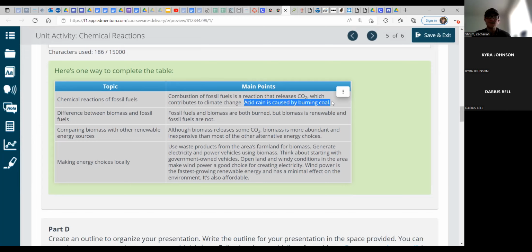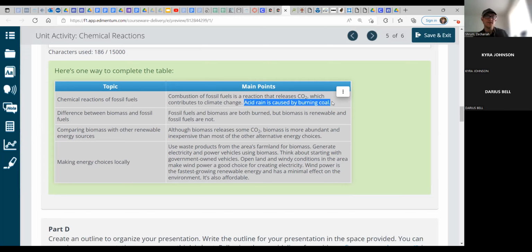Comparing biomass with other renewable energy sources. So you compared biomass and fossil fuels. Now you're comparing biomass with other renewables. Although biomass releases some CO2, it's similar in that regard.